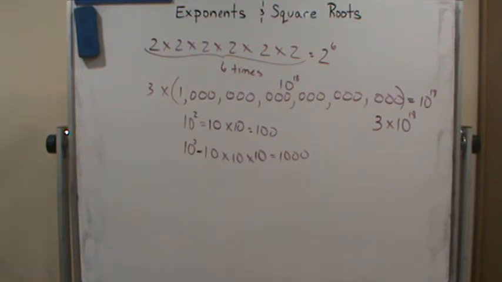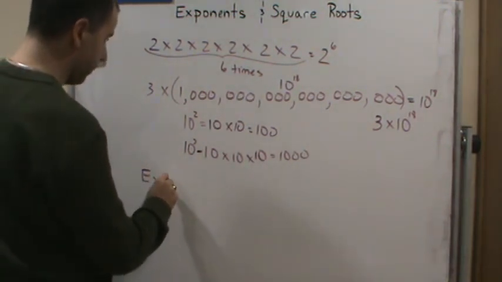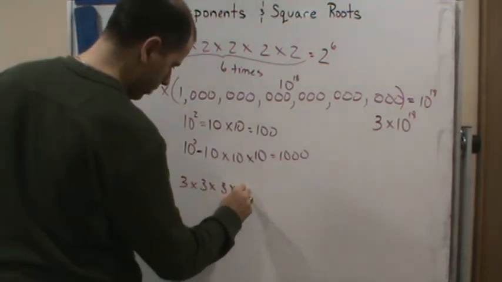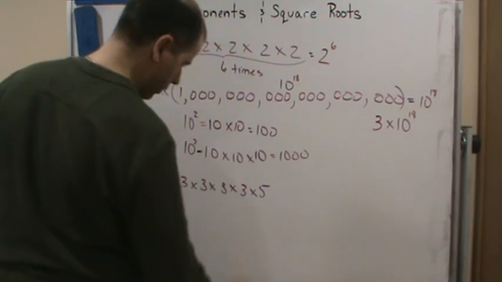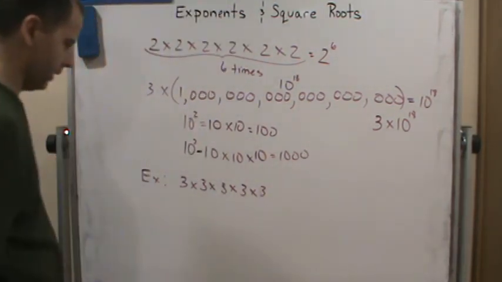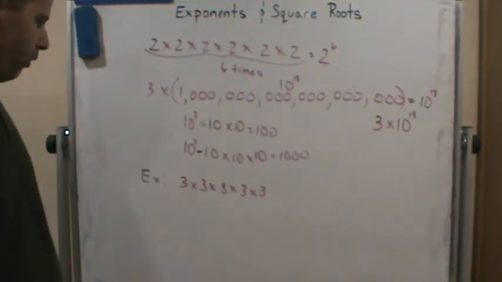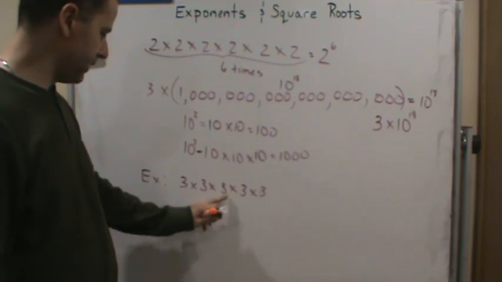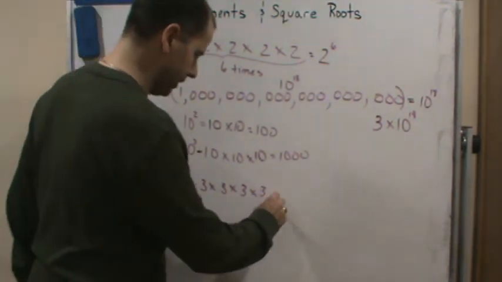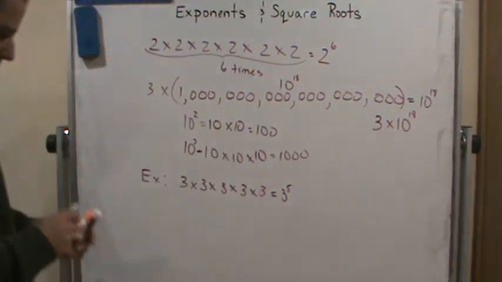So if I have, for example, that, then how would I write this in exponential form? Well, I just count how many 3's I'm multiplying, so it's 5. So there are 5 3's, so this is going to equal 3 to the 5th power.